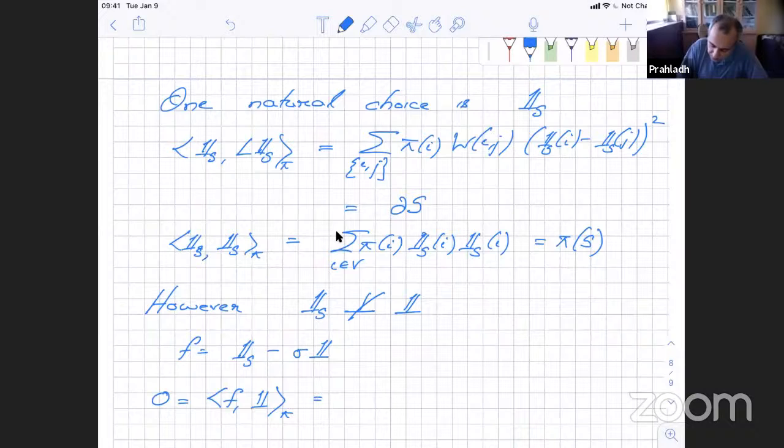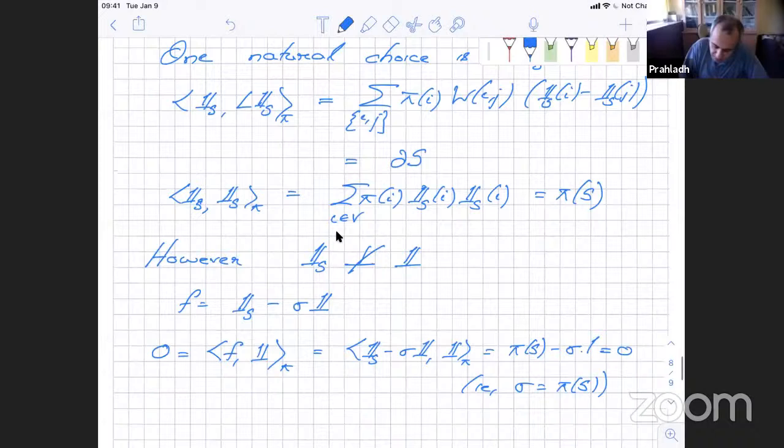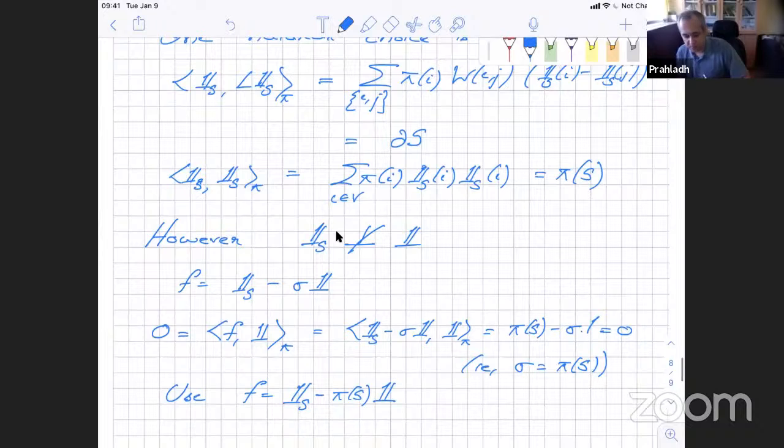This states that the inner product of 1S minus sigma times 1 with 1 in the pi norm should be 0. So the first term is just pi of S minus sigma times 1. This should be 0. Therefore sigma should be equal to pi of S. So we'll use f equals 1S minus pi of S times the all ones function. That is going to be the f we will use instead.